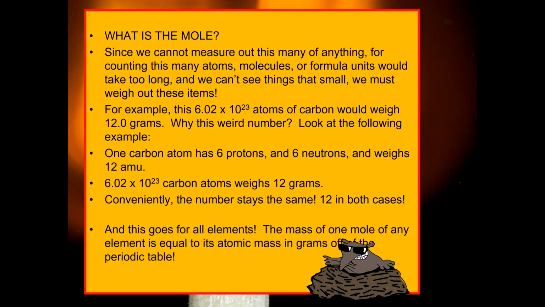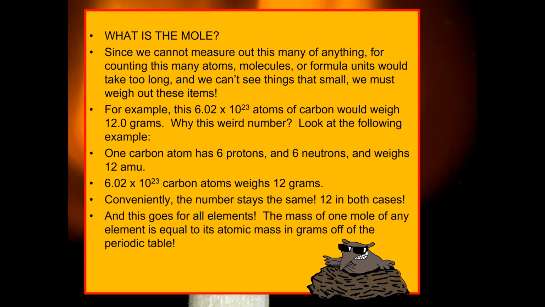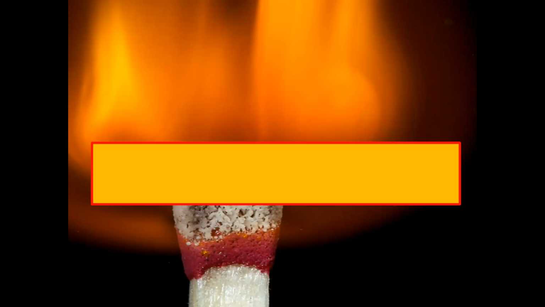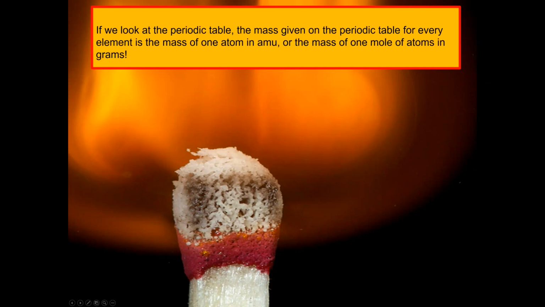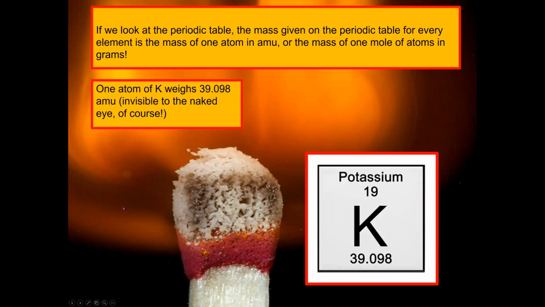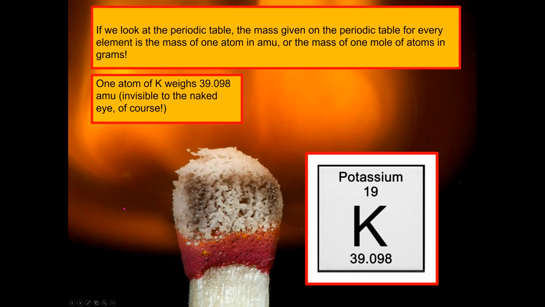This works for all elements. The mass of 1 mole of any element is equal to the atomic mass in grams off the periodic table. So if we look at the periodic table, the mass that is given for every element is the mass of 1 atom in atomic mass units, or the mass of 1 mole of an atom in grams.